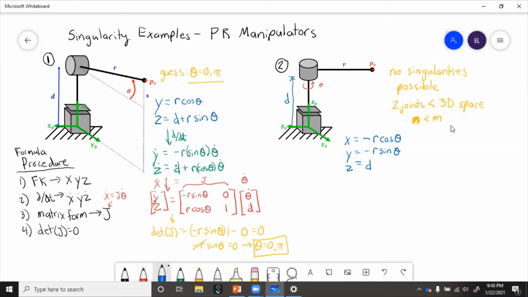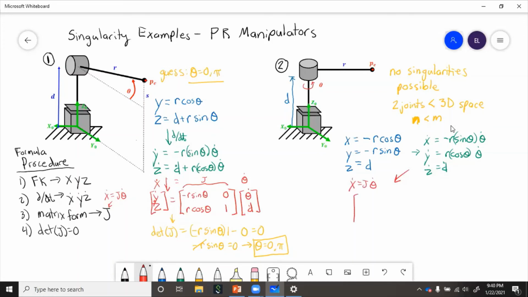So then if we take the derivative of this, x dot equals minus r sine theta, theta dot, y dot equals r cos theta, theta dot, z dot equals d dot. So then if we put that into matrix form, we need that x dot equals J theta dot.